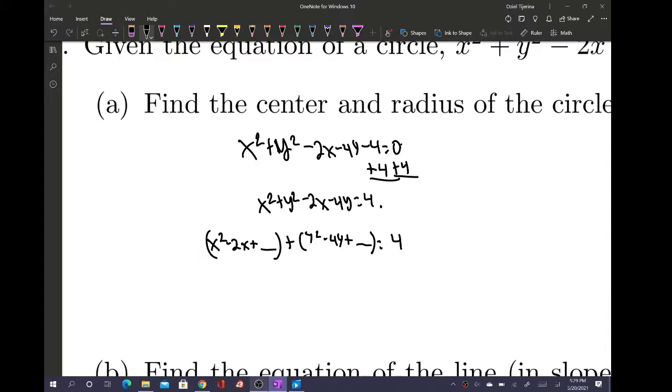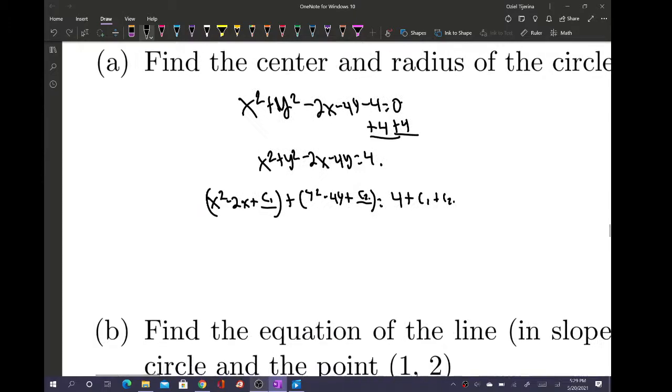Whatever you solve for as the third term for each one, you add to both sides. So let's say this is c1 and this is c2. You're going to say 4 plus c1 plus c2, right?